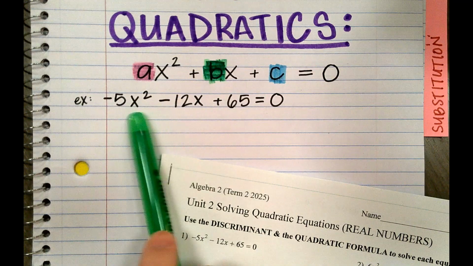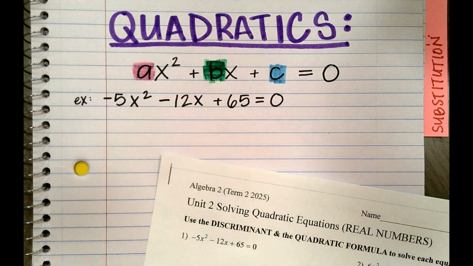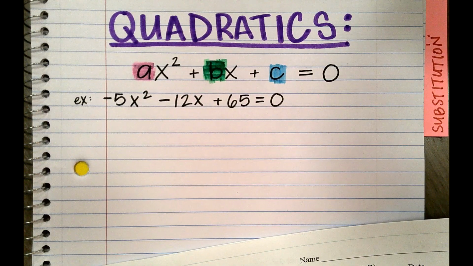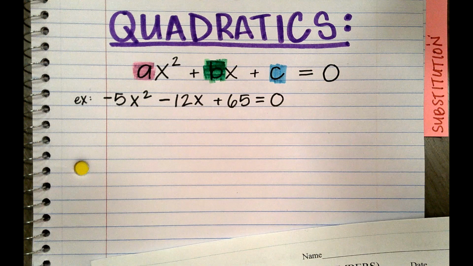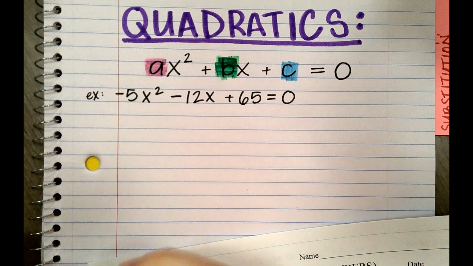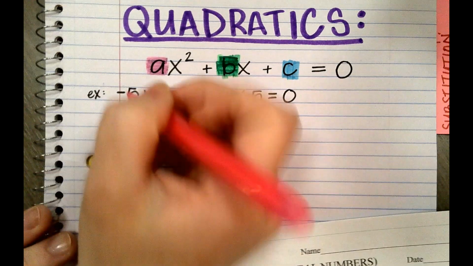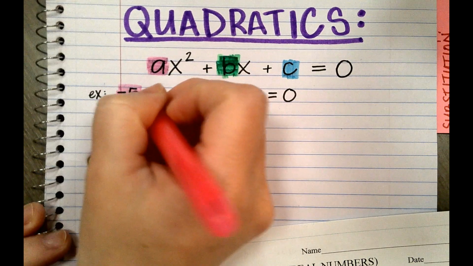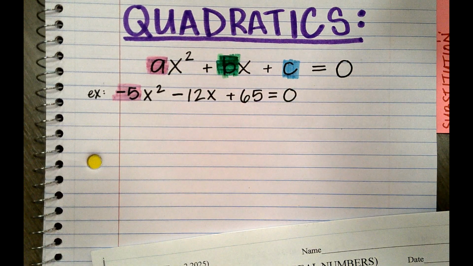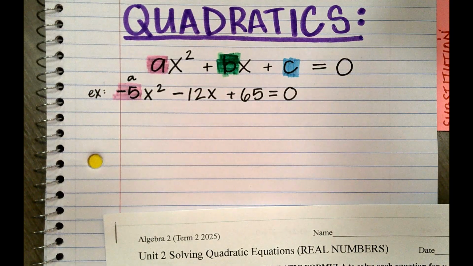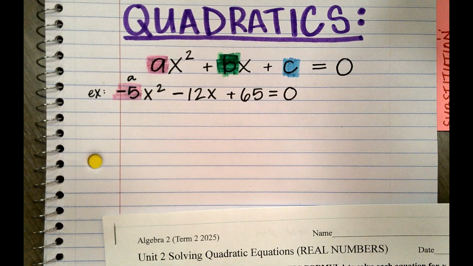If I am looking at this first example here, and my directions to you were to identify the numbers for A, B, and C, let's start with what number would be my A? -5. -5. Good. So I'm going to highlight that in pink. -5 is A. What would be my B? -12.